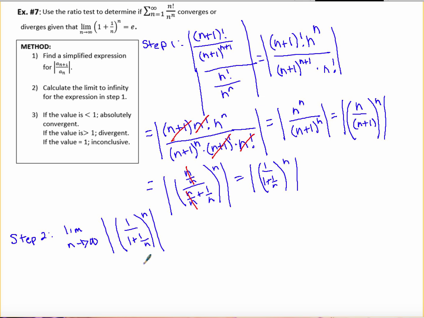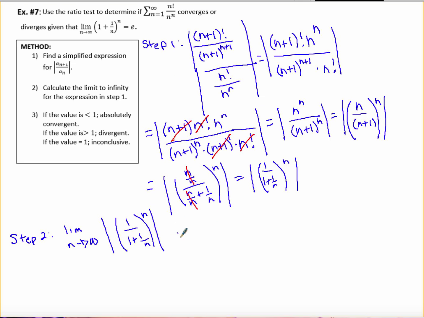Okay, so let's take a moment and recall that we were given this piece of information. And look at it closely. Do you see how this is actually our denominator? If we're calculating the limit as n goes to infinity of this piece, that equals e. So down here, we know that the limit as n goes to infinity of 1 plus 1 over n raised to the nth power is e.